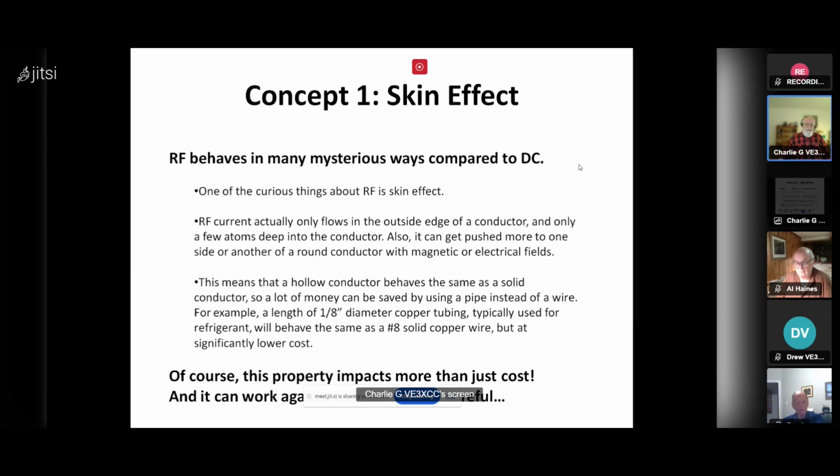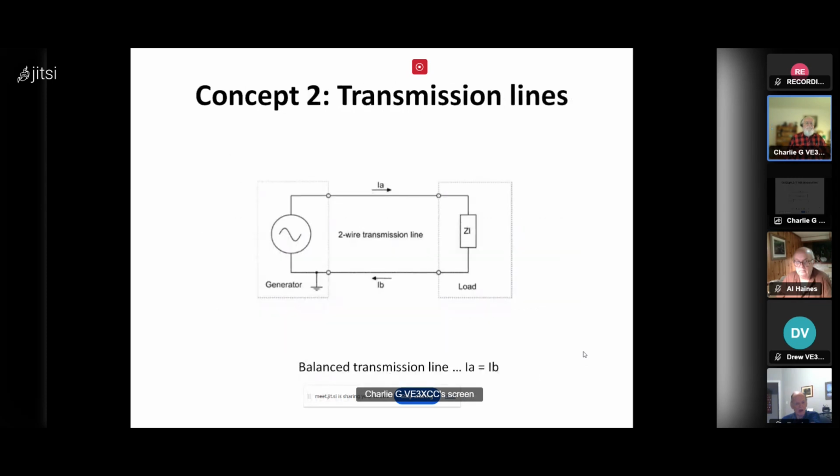So skin effect can help us out when it comes to cost reduction and so on. But it impacts more than just the cost, and if you're not careful, it can actually work against you.